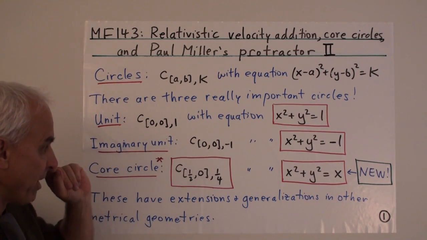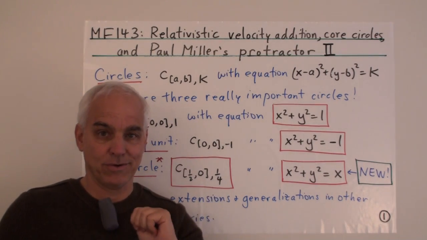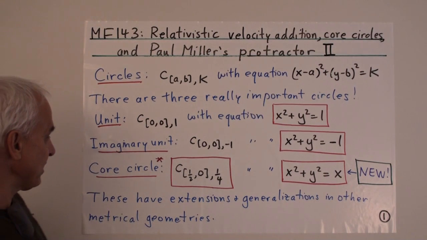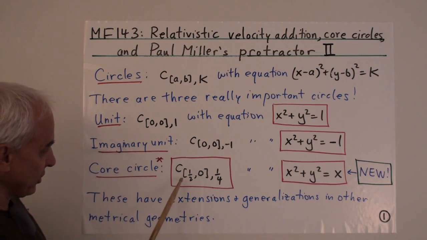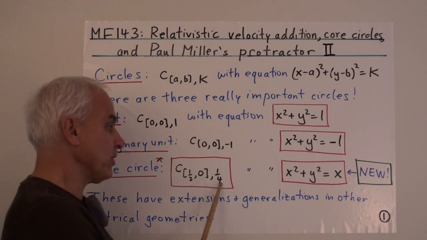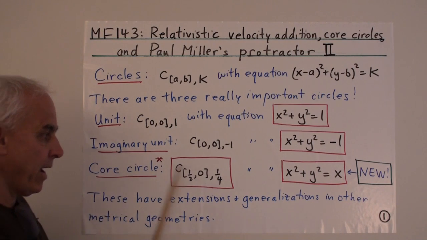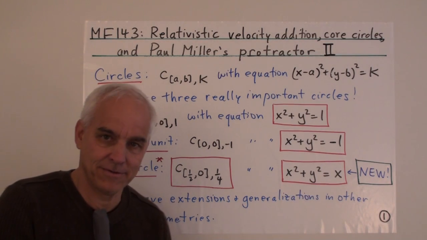But today I want to talk about a third kind of really fundamental, important circle, which I'm going to give this name: core circle. So the core circle is the circle with center (1/2, 0) and quadrance 1/4. And its equation is x squared plus y squared equals x.